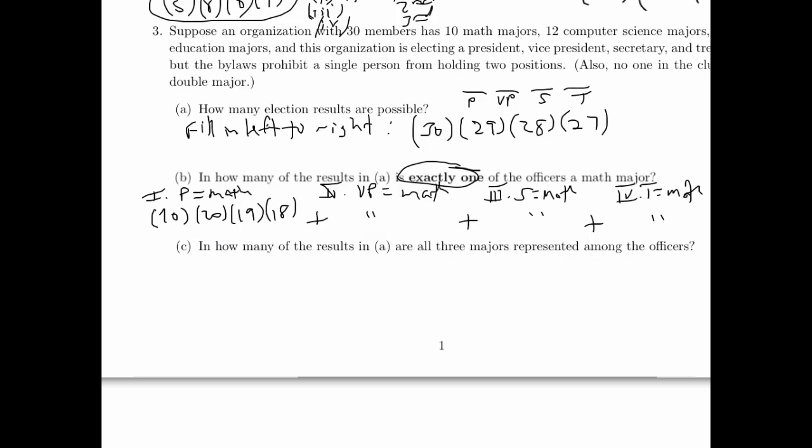But basically, the big cases depend on the fact that you've got 3 majors for 4 officers. So you could either have 2 math majors, 1 computer science, and 1 education, or you could have 2 computer science, 1 math, and 1 education, or you could have 2 education, 1 math, and 1 computer science.